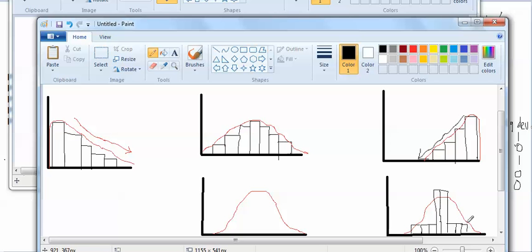For a positive kurtosis, you can imagine that the data in the shoulder areas right here are being pushed toward the center, and it's peaking higher, and it's also having longer tails right here. This is a positive kurtosis.